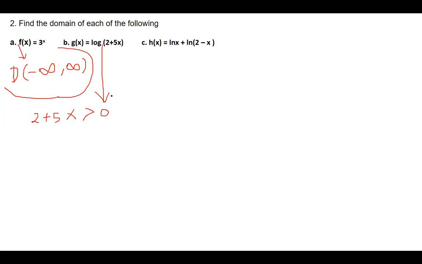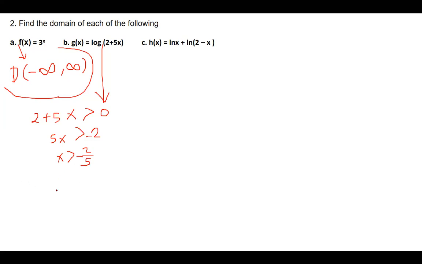When you take this 2 to the other side, you have 5x greater than negative 2. When you divide both sides by 5, you find that x is greater than negative 2 over 5.